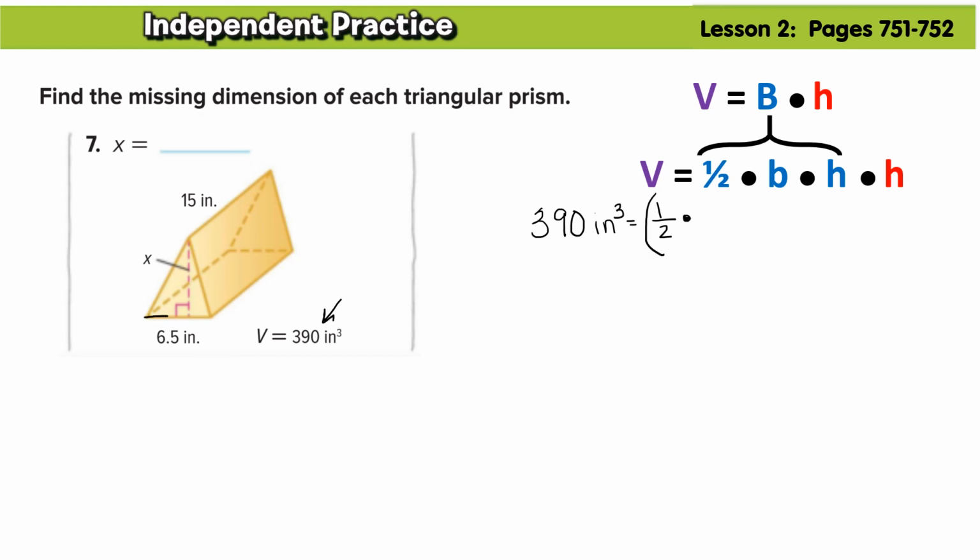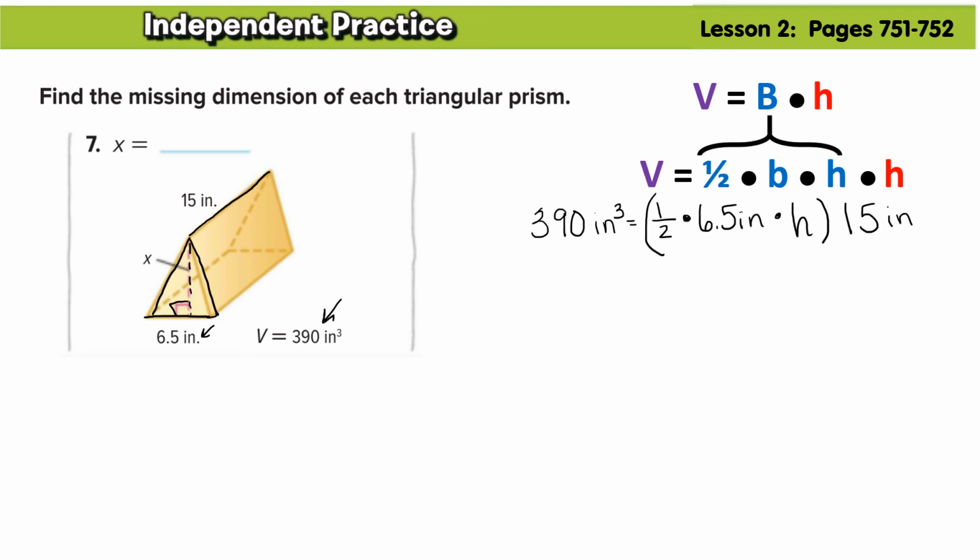So here's our triangle, and the base of the triangle is 6.5 inches, times the height of the triangle, and they wrote X there because they don't know, so H, times the height of the prism, which is 15 inches.